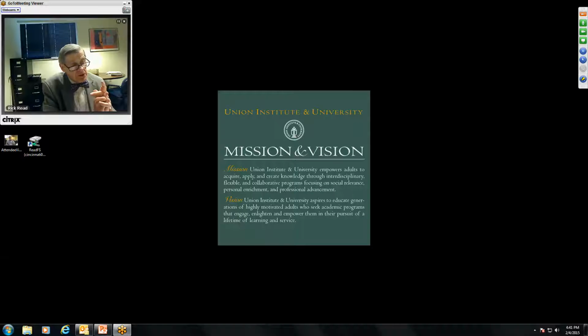Before we focus on the selection model that you can find in the text on page 161, it's important to note there are several other selection issues. First is the speed of selection. Normally speaking, a company has advance notice of an employee vacancy.